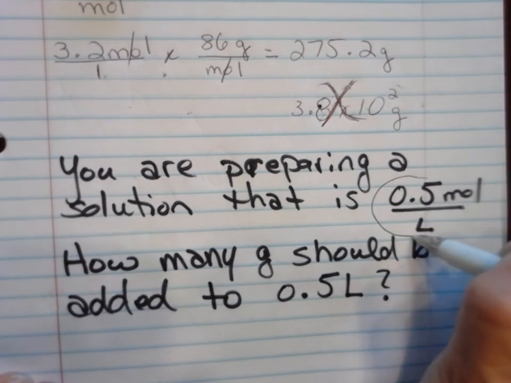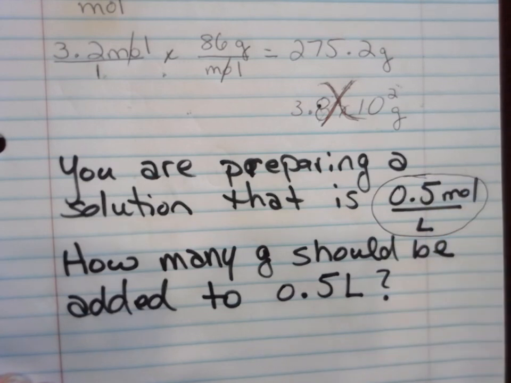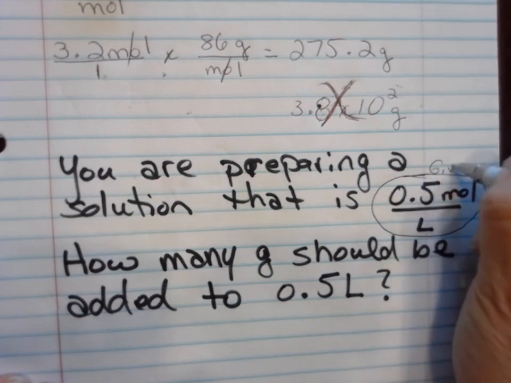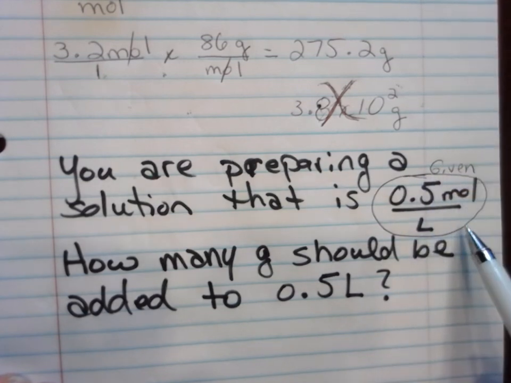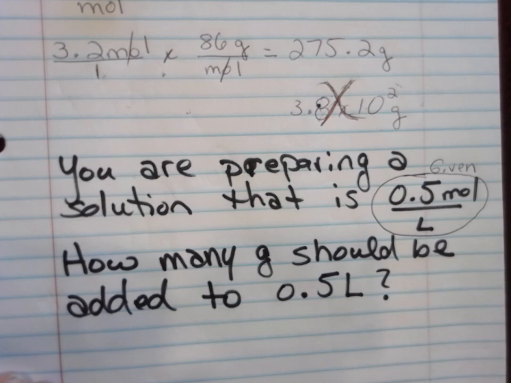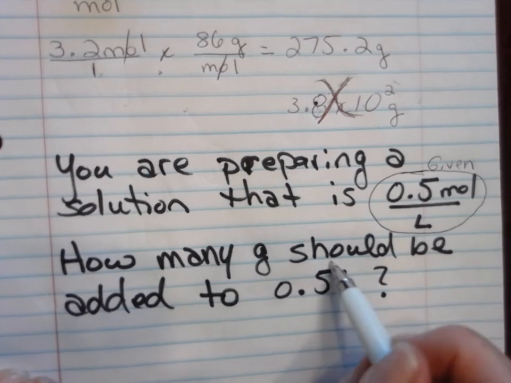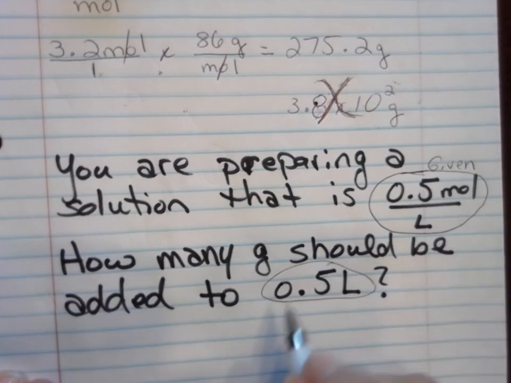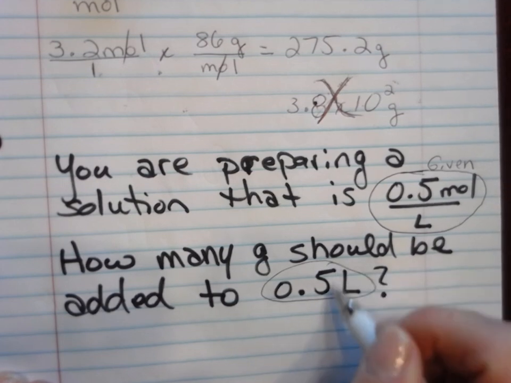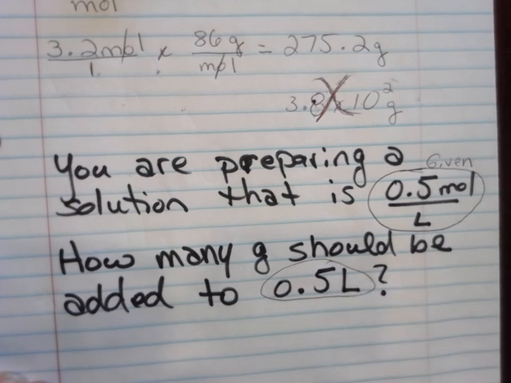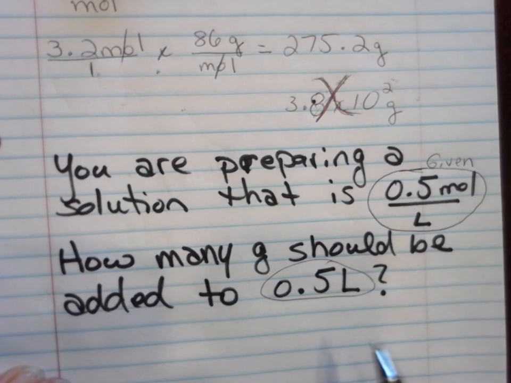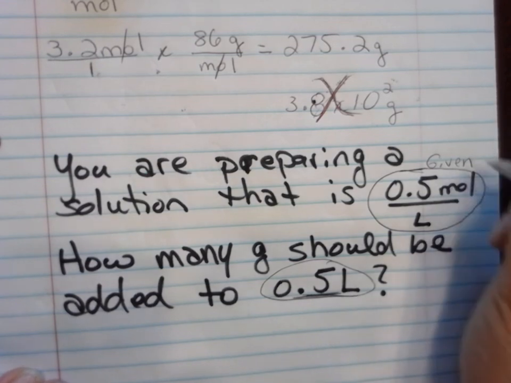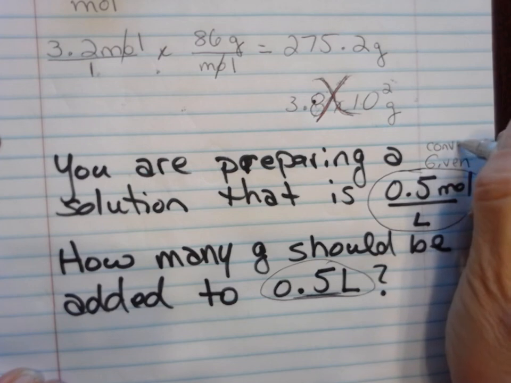This is what we're given. This is our conversion factor that we're given, and we're also given this part right here. This is how much we need. So this is a conversion factor.